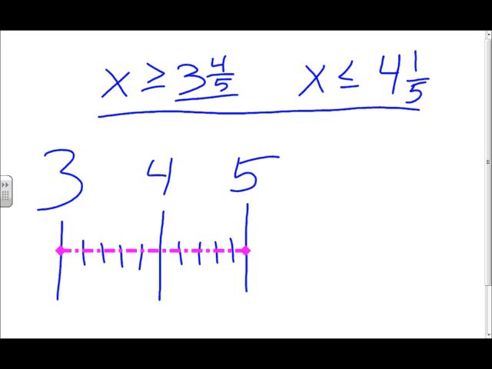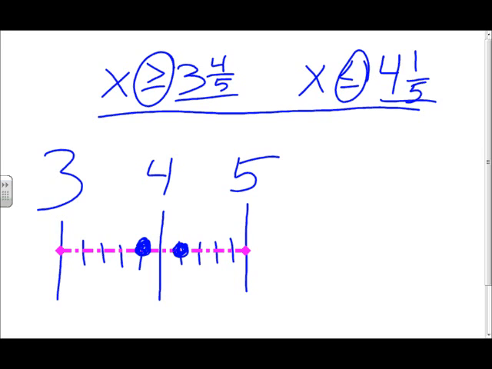And you got to put that on there. And since it can be equal to right here, you got to make a full dot on the line, and then go over to 4 1/5. It could be equal to also, so you got to make a full dot on the line.